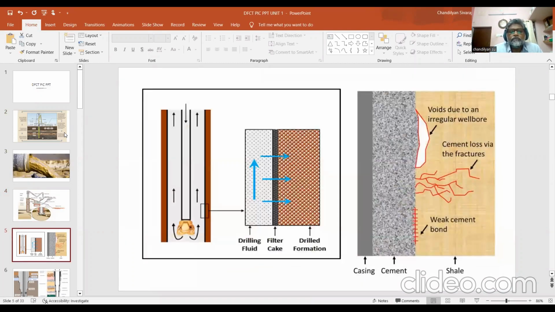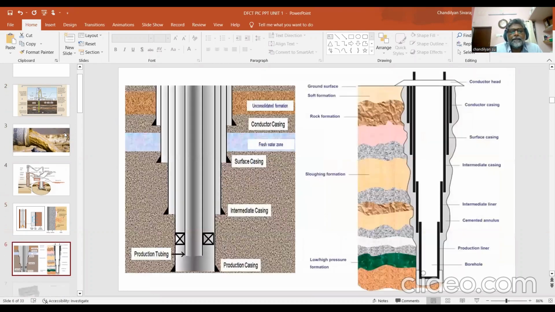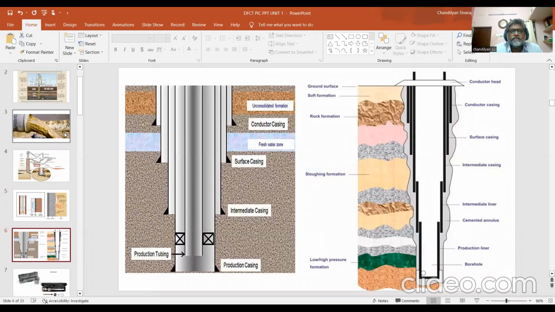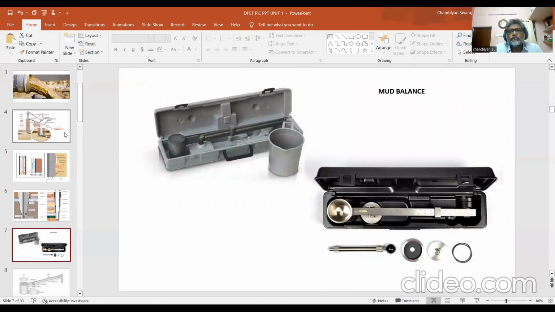And then we'll be going through the drilling fluid filter cake formation as well as the drilling fluid running through the formation through the porous openings and different types of casings for different sets of problems. We have different types of casings across different depths. So this is what I'm talking about. It's called the mud balance. So it is an equipment which is specific.